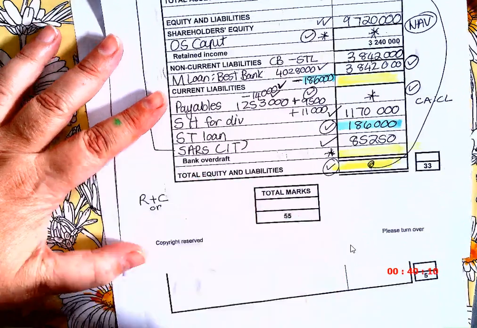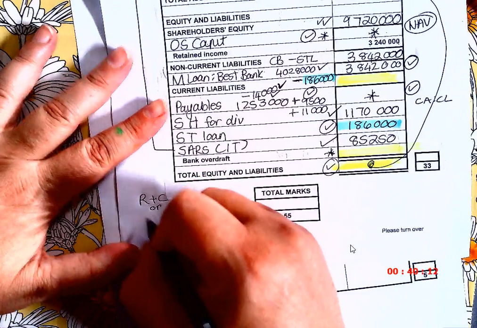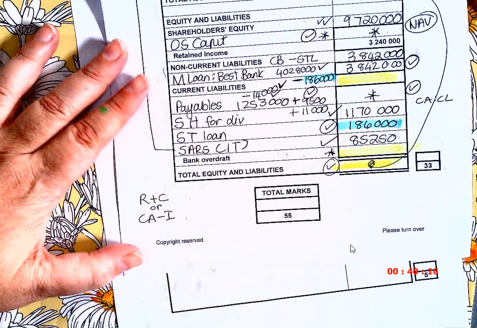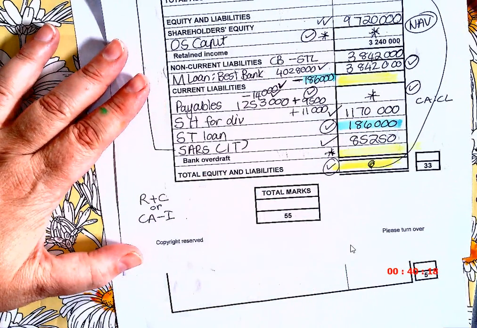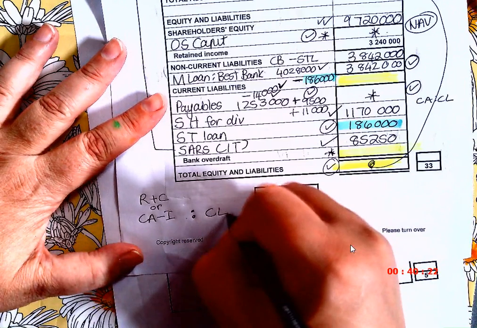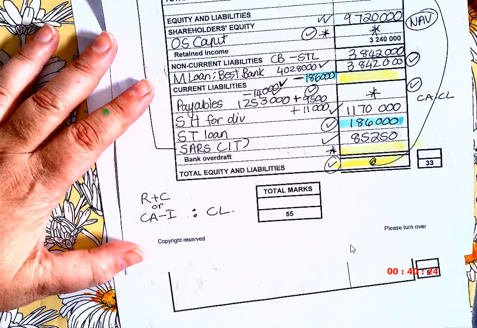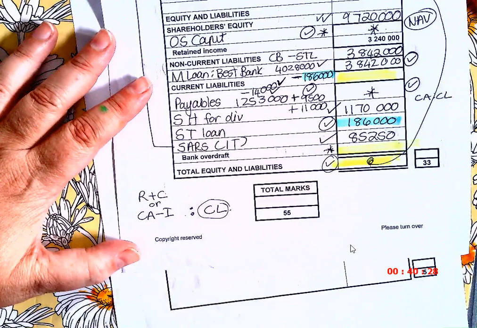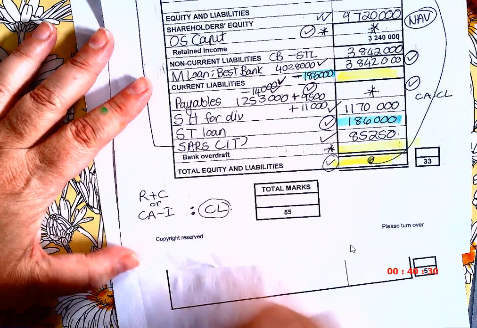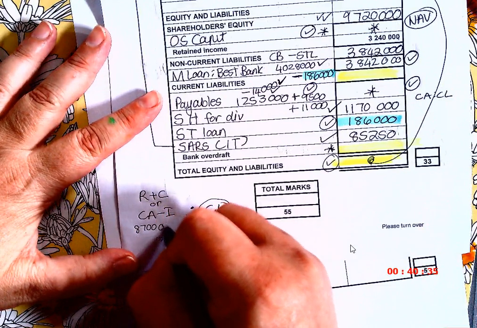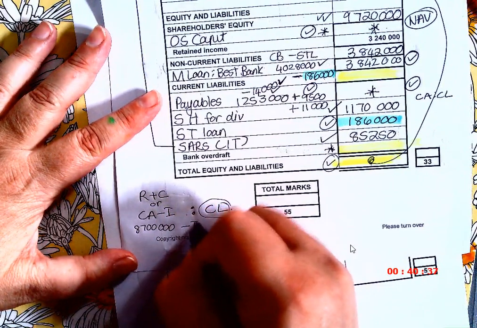Or I can say my current assets less inventory. Both give me the same thing. Okay? Over current liabilities. And I am looking for the current liabilities. So I can either say 8.7, then I less that inventory that I got.